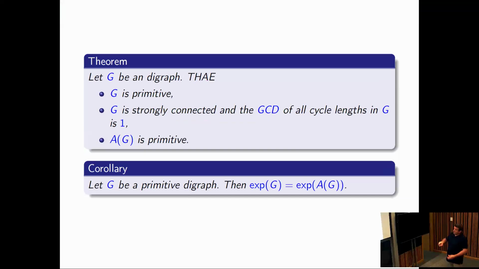And again, there is the following nice characterization. In my digraph, directed graph, I have primitivity for the graph. I could say that my matrix is primitive, but I could also identify this set of primitive matrices inside the set of irreducible matrices.